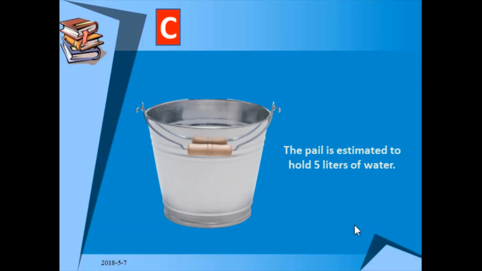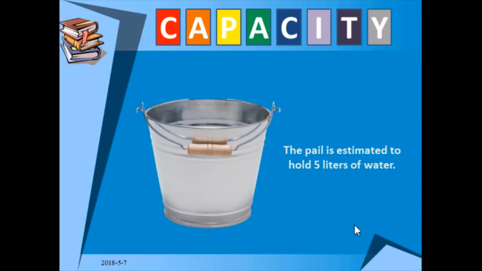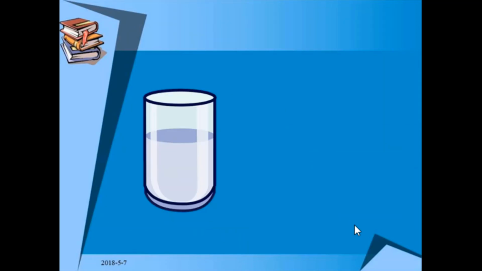Okay, next. We also have this one. A glass. What is this? This is a glass. What could be the glass's capacity? It could be that the glass is estimated to hold at least 50 milliliters or 50 ml of water.